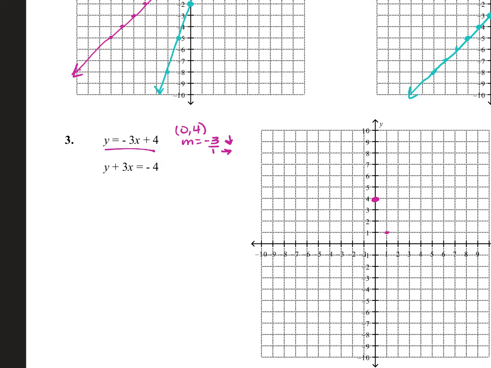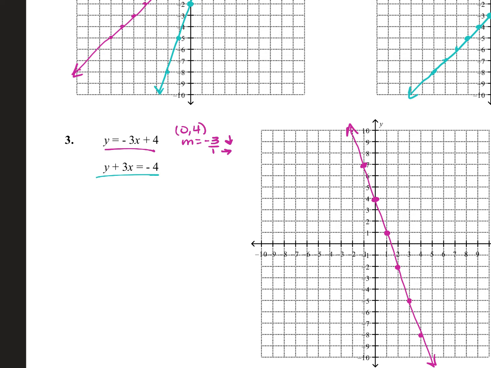We go down 3 to the right 1. We can also go up 3 and to the left 1 if we need to. So this line is going to extend throughout our entire coordinate plane, and then we're going to move on to the other.